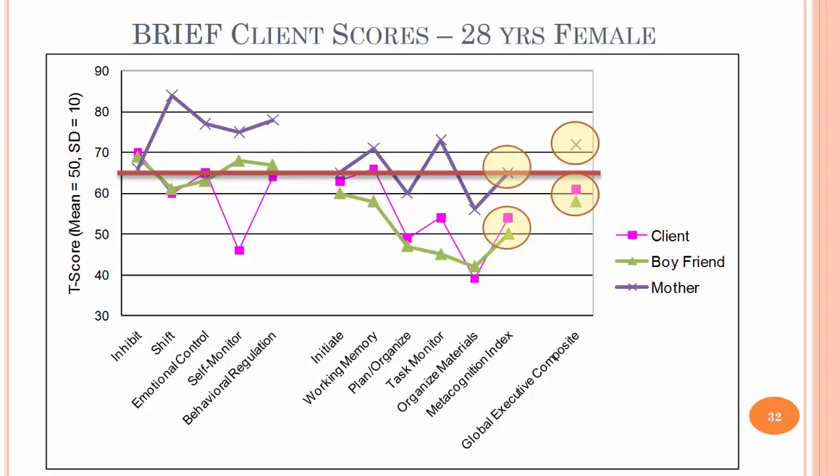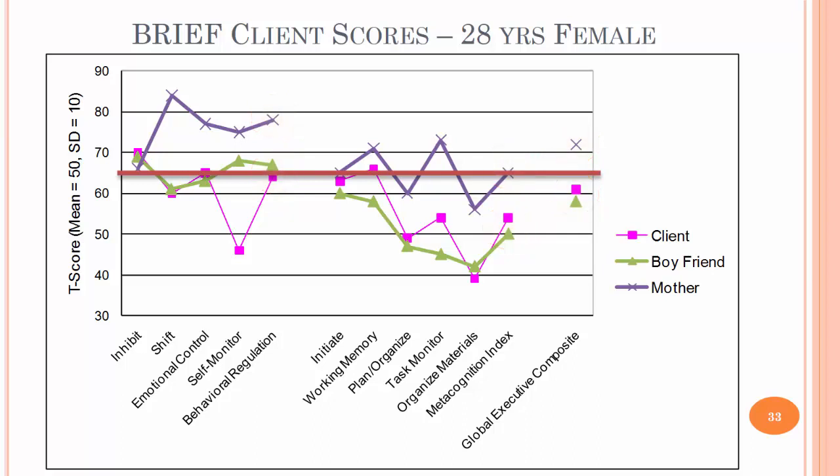We can also take a look at the comparison between the metacognitive index scores of the mother compared with the client and boyfriend. And we find a pretty significant difference, about 15 T-scores. We also see a difference of about 15 T-scores between the mother and the boyfriend and the client in terms of the behavioral regulation index as well.